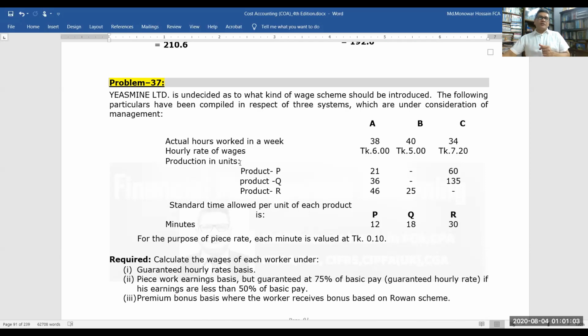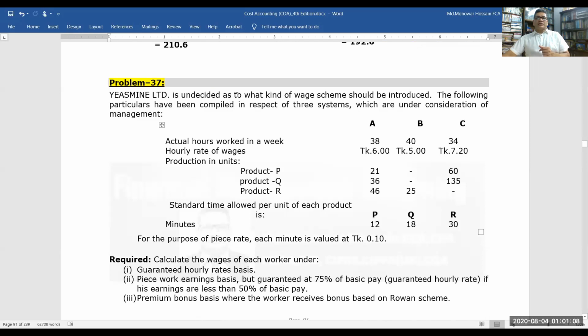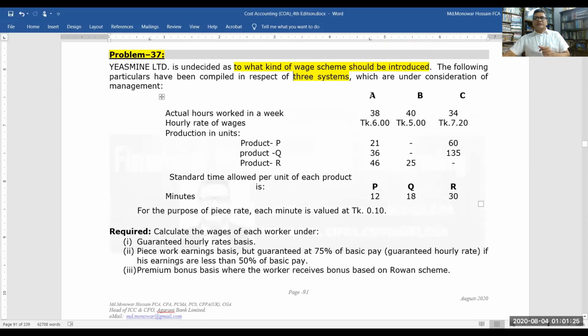Here in the problem, a company is undecided as to what kind of wage scheme will be introduced, and the following particulars have been compiled in respect of 3 systems considered by the management. Actual hours worked in a week: the workers are A, B, C, and actual work weeks are 38, 40, 34, with hourly rates 6, 5, 7.2.